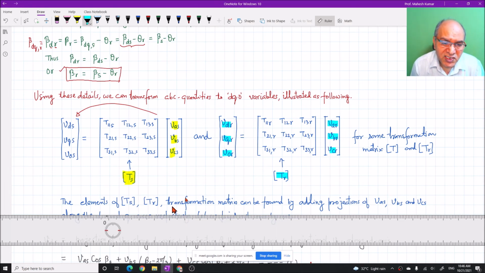So the elements of TS and TR can be found by resolving ABC quantities along the DQ and 0 axis. Then we can find the constant of this matrix, which leads to the same energy in both the transformations.